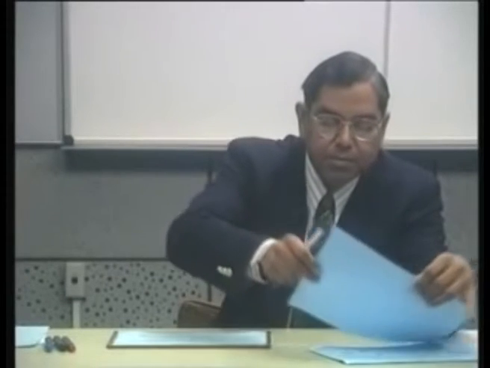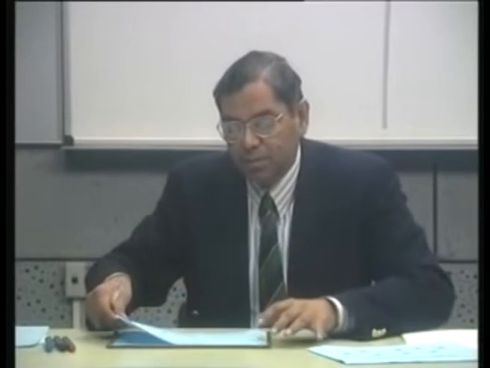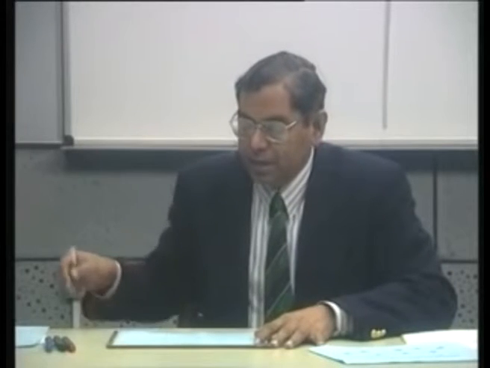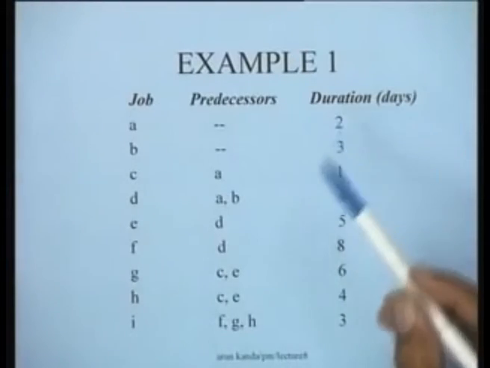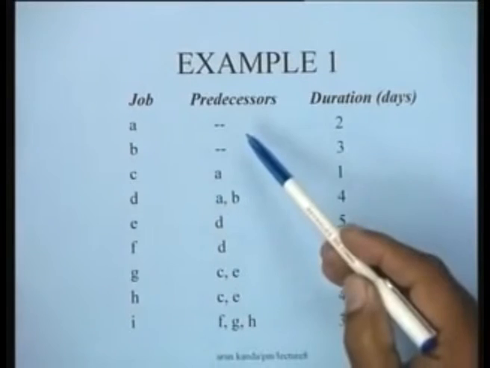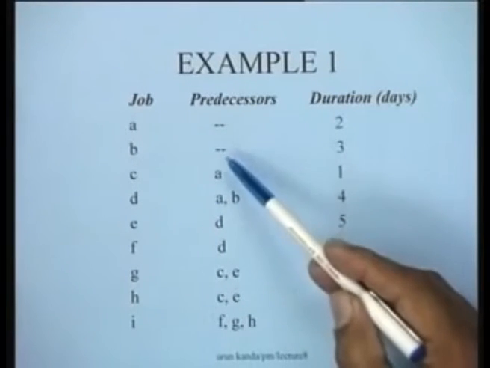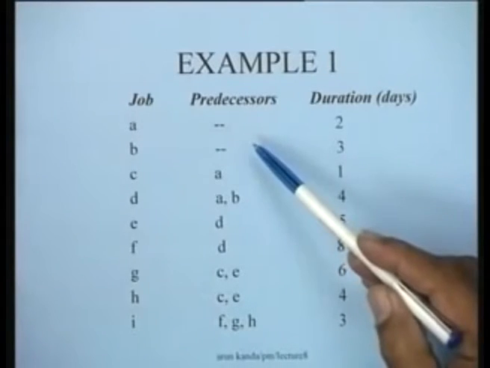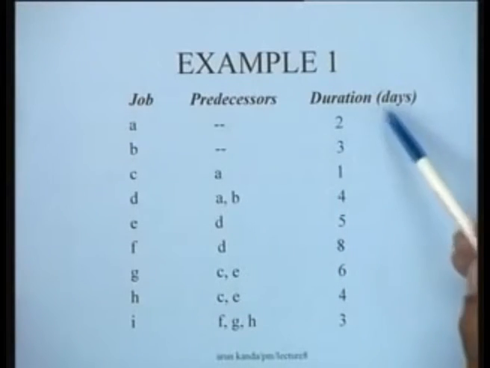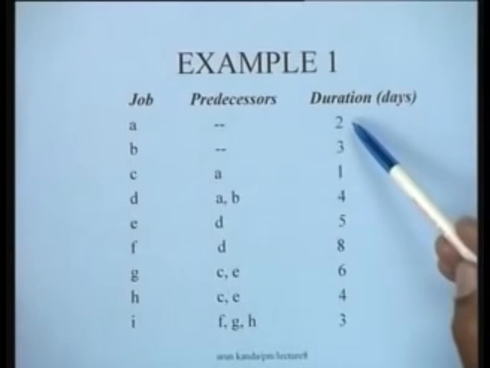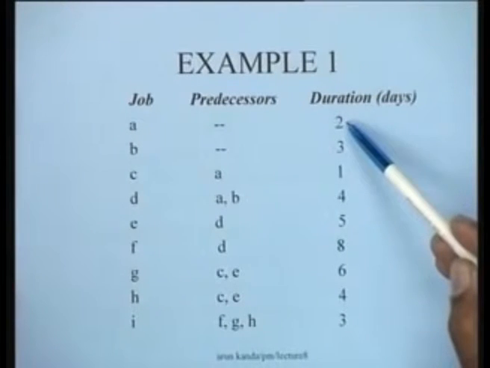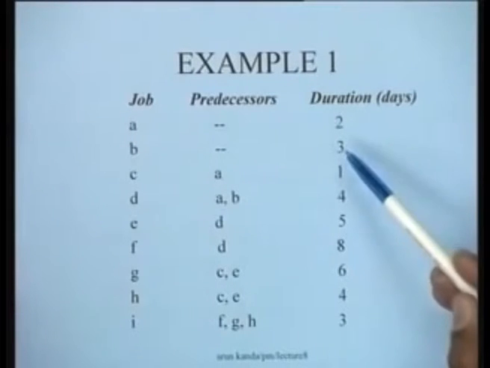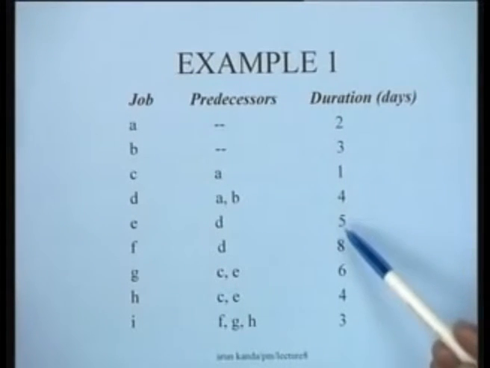Now what we will do is take an example, in which the predecessors for each of these jobs are identified as shown in this list, and we are assuming that for each of these jobs we have estimates of the duration of the job in days, and these estimates are given in this particular list.